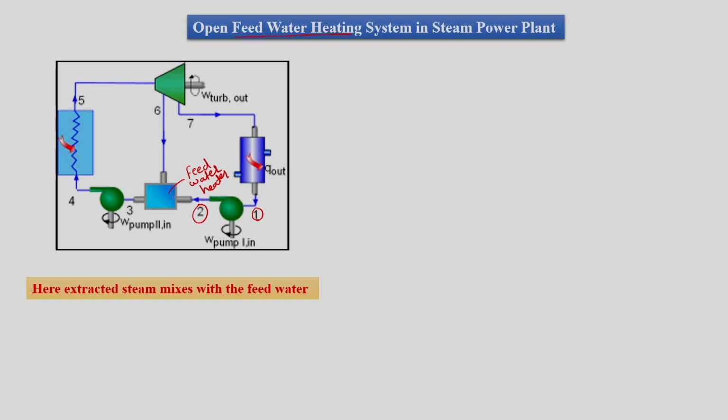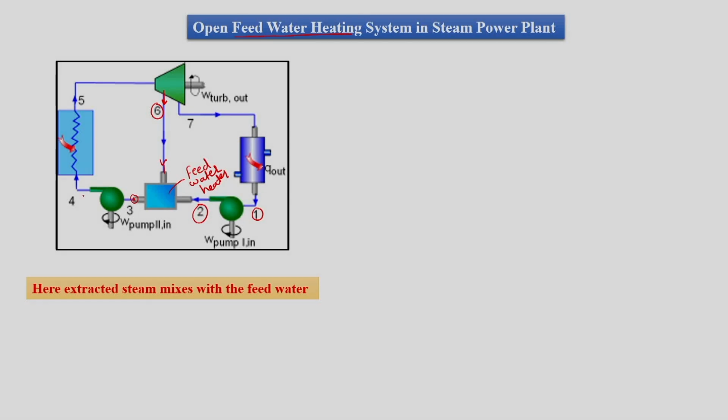So we will have water coming into the feed water heater, and it is basically at a certain pressure, which is P2, but we will extract the steam from the turbine at the same pressure, P2 is equal to P6, and directly mix it with the water. Then we will get a liquid at state 3, which is a dry saturated liquid.